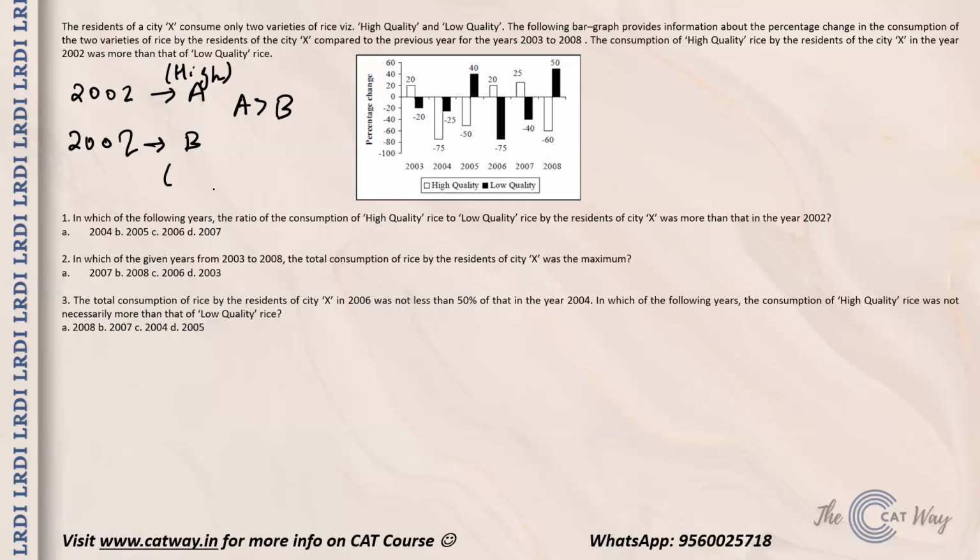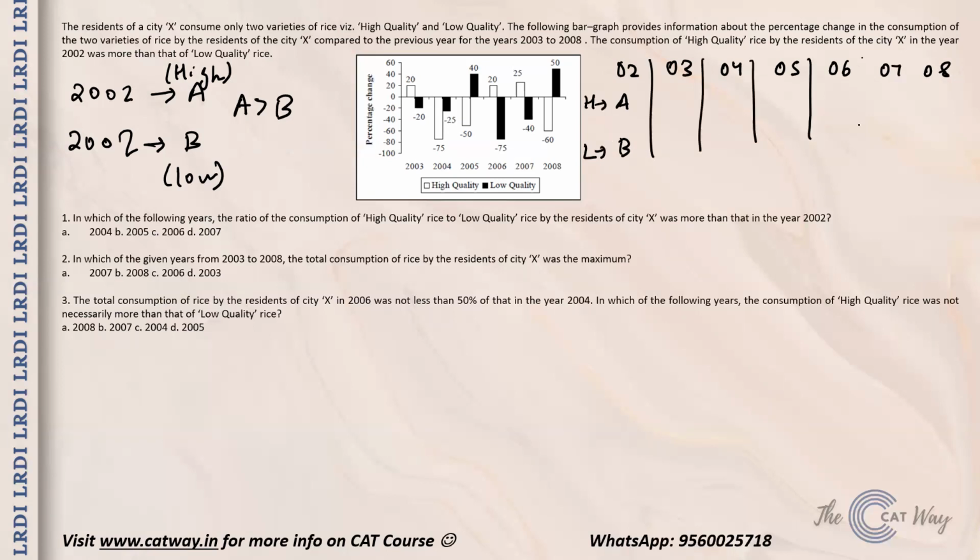So this is what has been given to us. Now guys, let us make our table. So we have 02, 03, 04, 05, 06, 07 and 08, right? In 02 we know that A is for high, let's say, and this one will be for low quality.